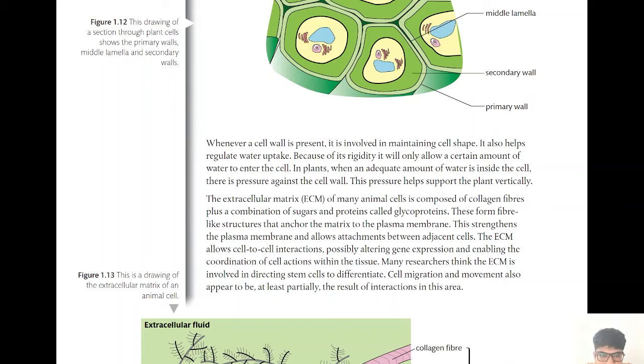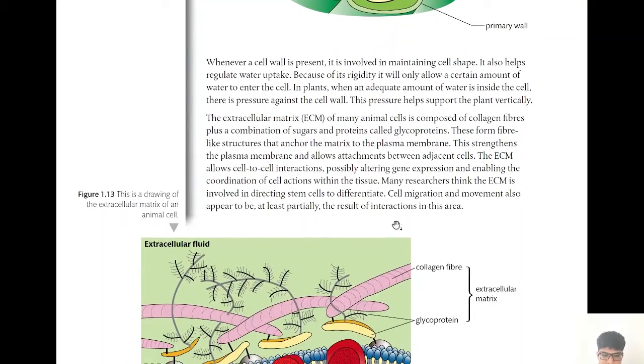The extracellular matrix allows cell-to-cell interactions, possibly altering gene expression and enabling the coordination of cell actions within the tissue. Many researchers think the extracellular matrix is involved in directing stem cells to differentiate. Cell migration, or movement, also appears to be at least partially the result of interaction in this area.